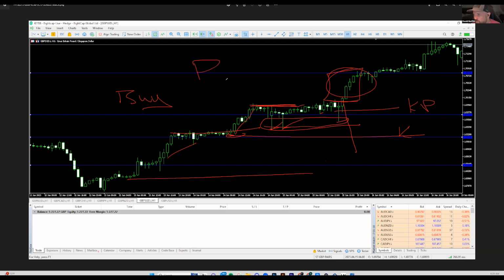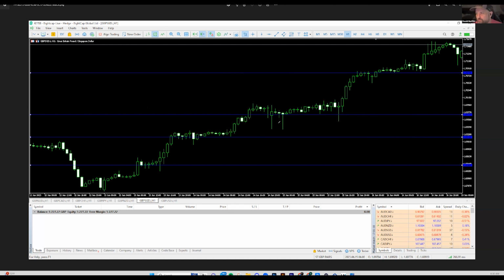So having good PTP, proper trade placement, is paramount when you're dealing with stair steppers, because if it fails to continue the next stair step, you want to make sure that you're positioned correctly to get out of your buys if it does in fact run against you, or at least mitigate that damage, right? All right. So that's how you protect yourself.